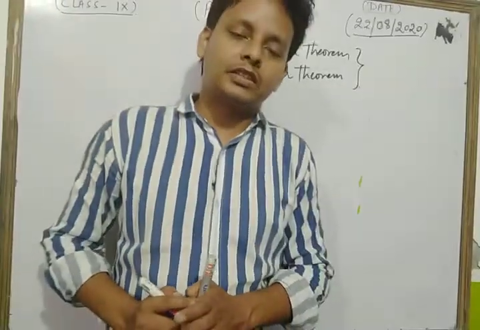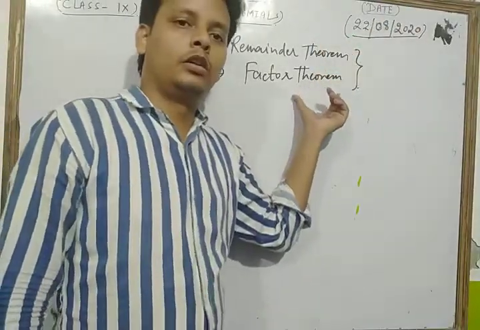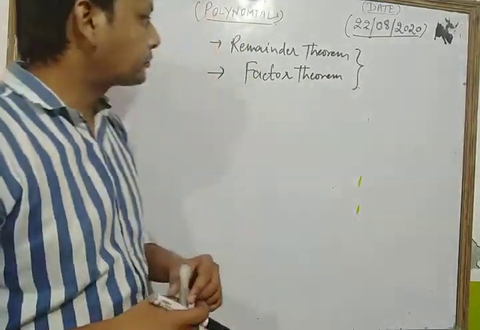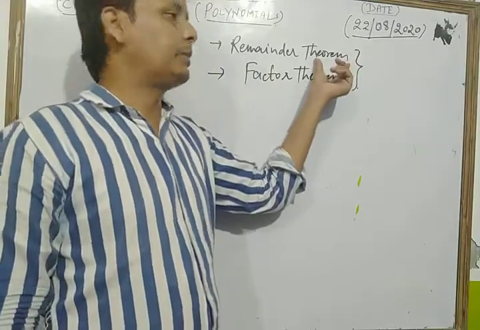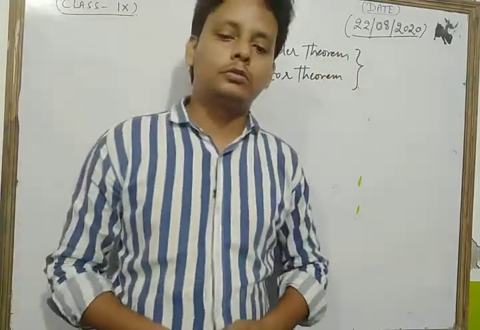So dear students, in previous class we discussed the remainder theorem as well as the factor theorem, and we already solved questions based on the remainder theorem and one question based on the factor theorem.